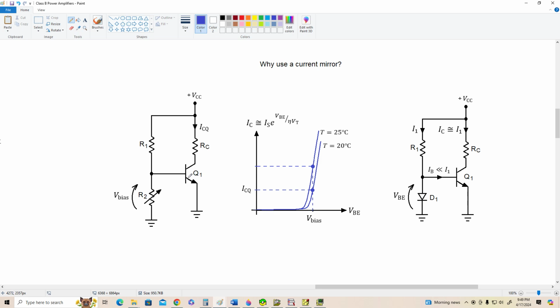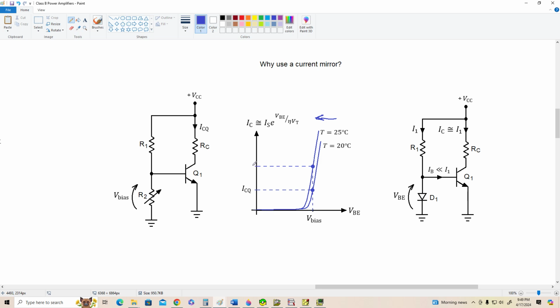Now what happens when a transistor warms up is its transconductance curve effectively shifts to the left a little bit. As temperature goes up, the transconductance curve shifts over this way. So let's say we adjusted it at a temperature of 20 degrees and it warmed up a little and our curve shifted over. Because it goes up exponentially and our bias current stayed the same, we're going to get a pretty good increase in collector current.